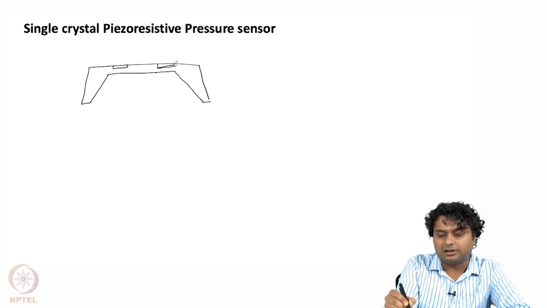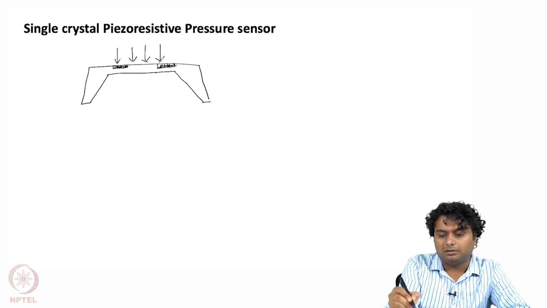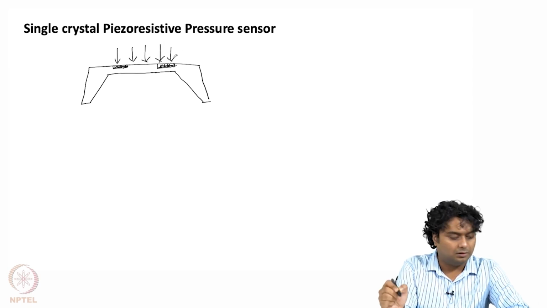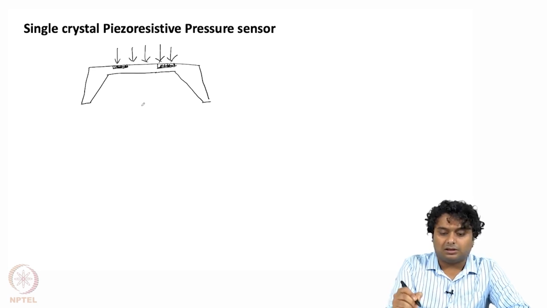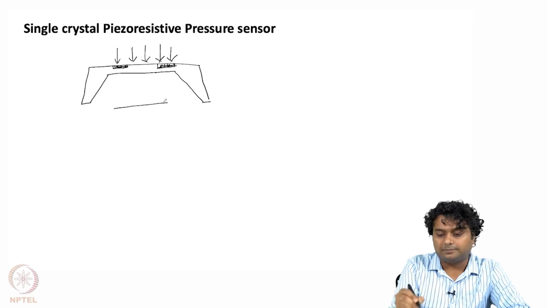Four different resistors are put here. The pressure is coming, and because of that, the membrane will deflect, right.